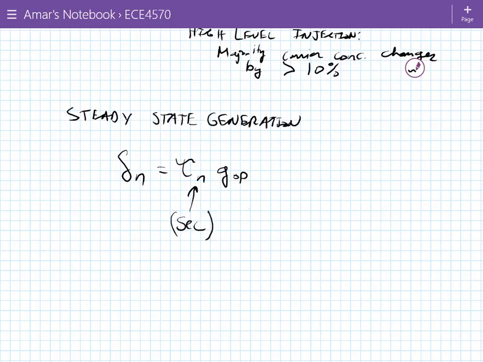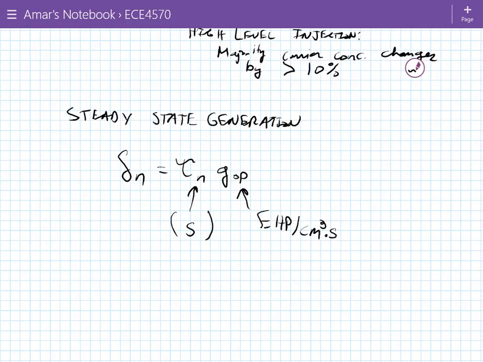And the units for GOP is given by electron-hole pairs per centimeter cubed per second, so centimeter cubed second is in the denominator here. When we multiply these two terms together, seconds and seconds cancel out.